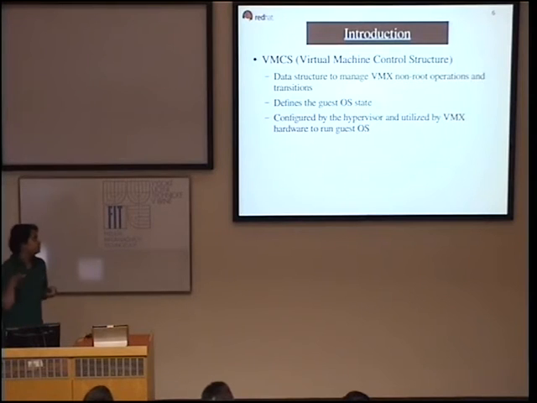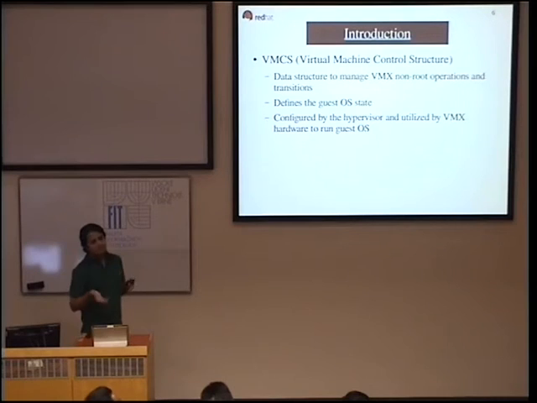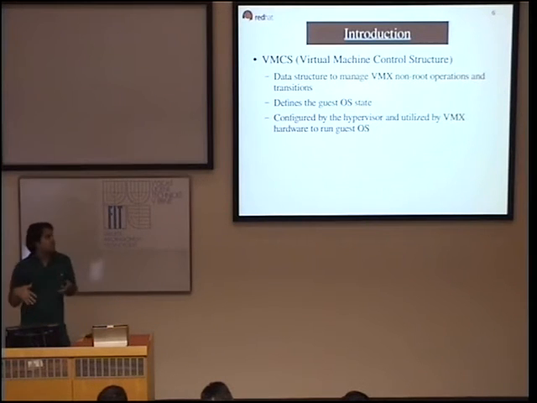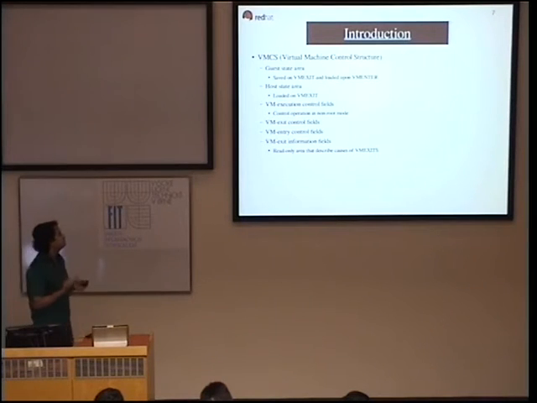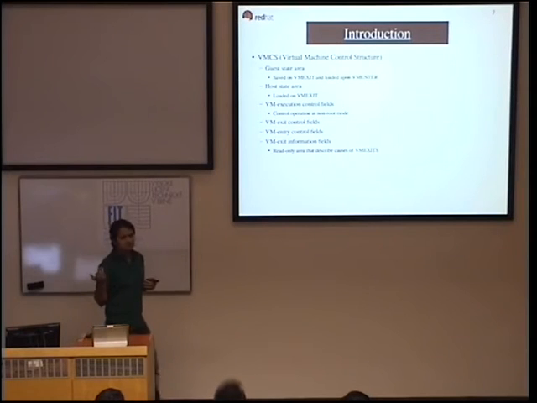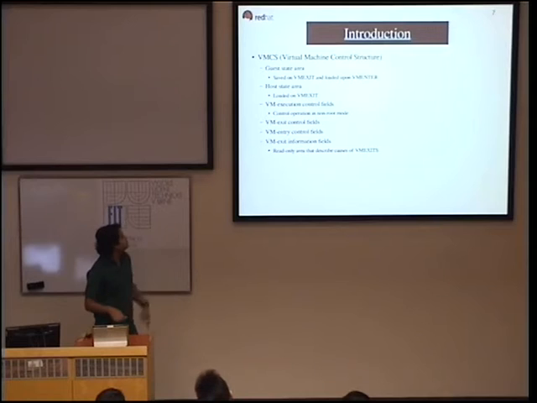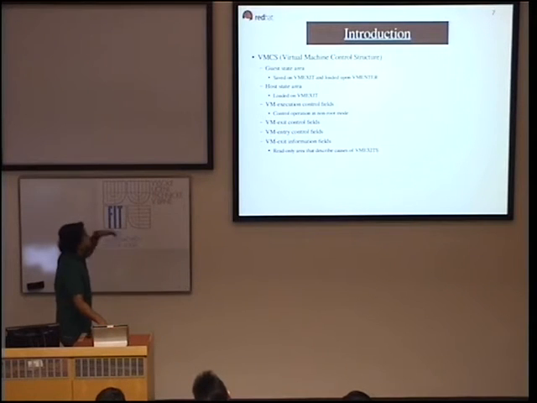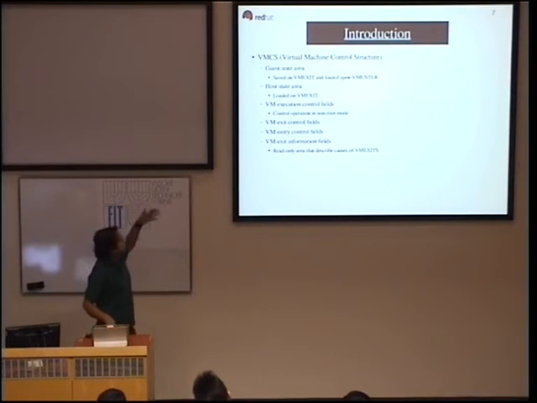The CPU uses this data structure to decide how to launch the guest and when to exit from the guest, and run the host to do some bookkeeping and whatnot. These are the logical fields, and as you saw in the last presentation, the names are pretty straightforward. These are just the logical sections. The guest state area has the guest state, the host area has the host state, and so forth.